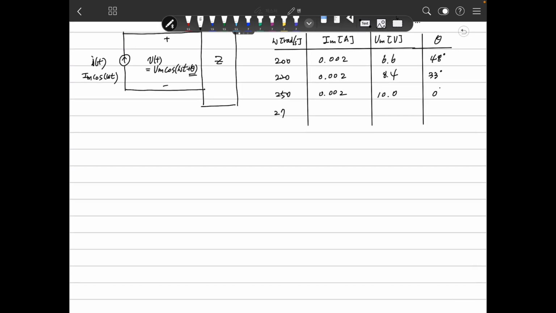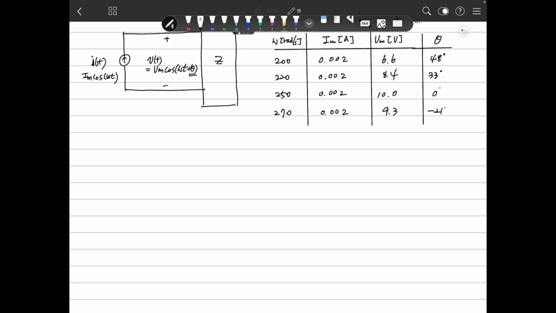If we insert 270 radians per second, the frequency increases, the source is the same, and the result is reduced, with a phase of minus 21 degrees. This is the experimental result.